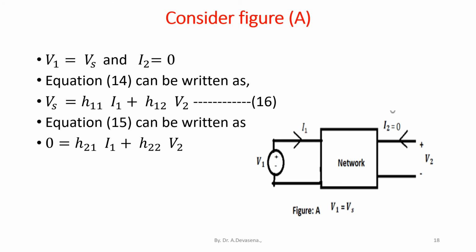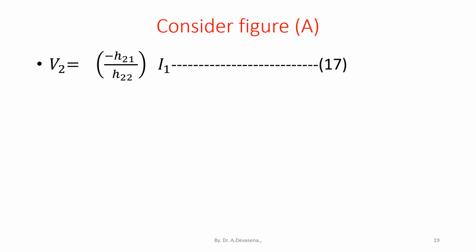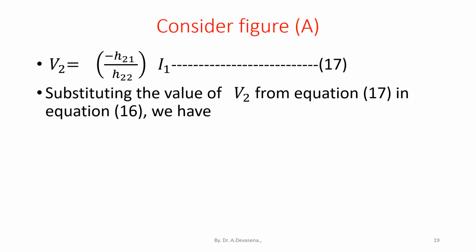Therefore, minus h22 V2 is equal to h21 I1. So V2 is equal to minus h21 by h22 into I1. Consider this as equation 17.